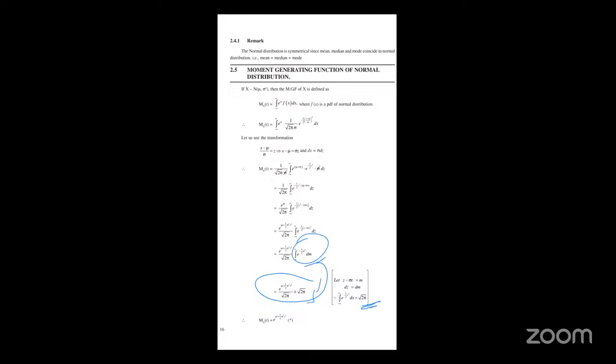So therefore the M_X of t is equal to e power mu t plus 1 by 2 sigma square t square, because this root 2 pi and this root 2 pi can be cancelled.